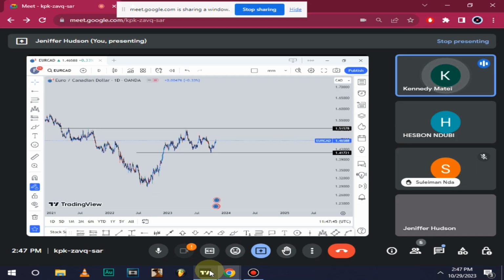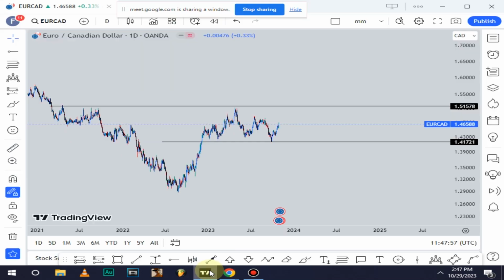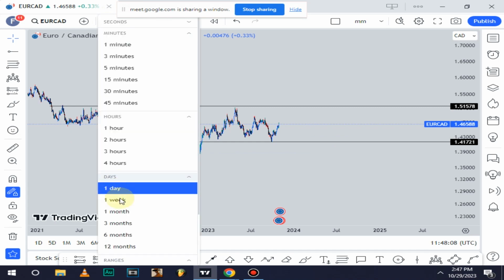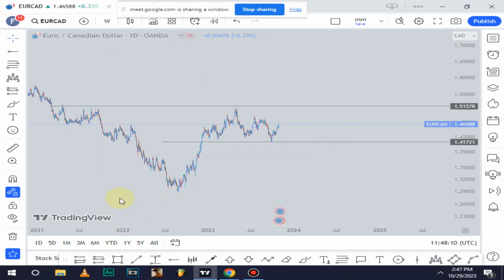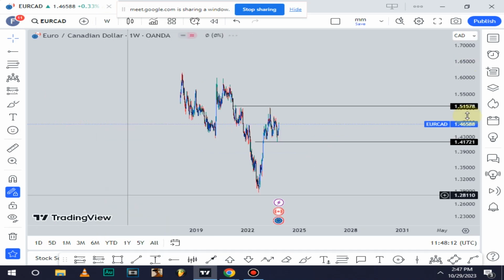Once you are in weekly and then you zoom out the candle until you see the wicks, there is a trend line that is connecting 2 points, and then the third point, it is somehow respecting.